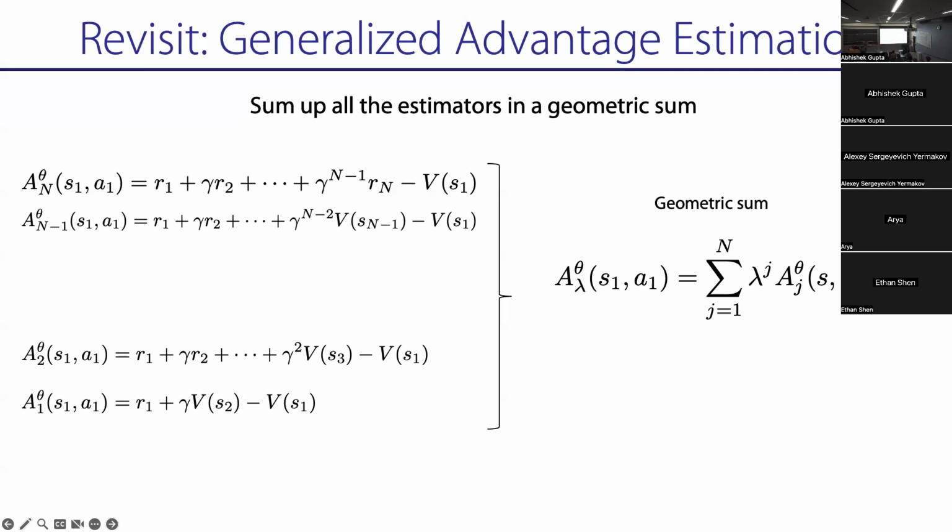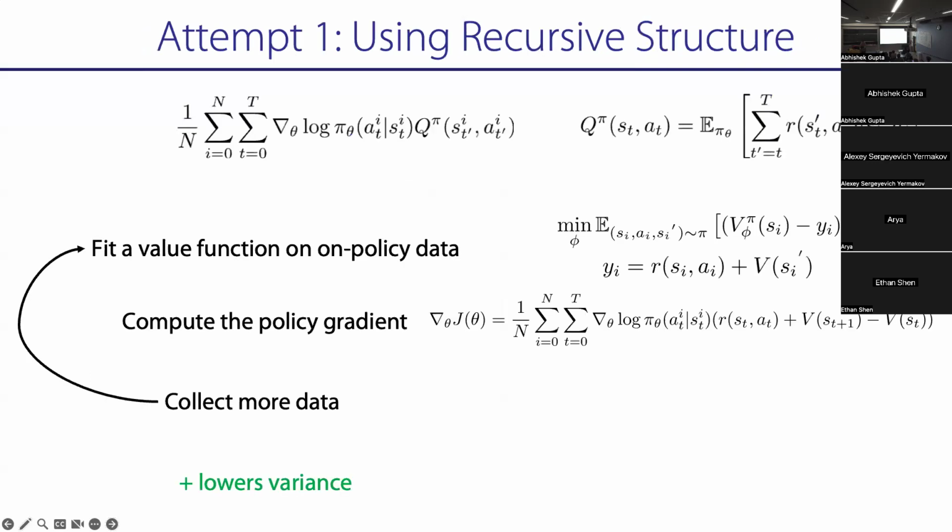And this geometric sum would replace what term in the policy gradient exactly? The Q term. Whenever you have policy gradient, you can have Q or you can have Q minus V, which is what you'll call advantage, where V is your baseline. You're going to replace that term. Normally in policy gradient, we compute it with the sum of rewards from now till the future.